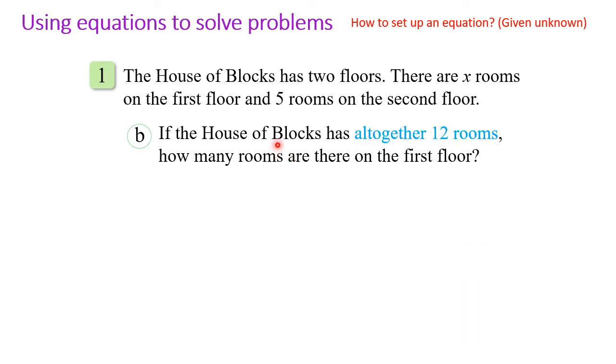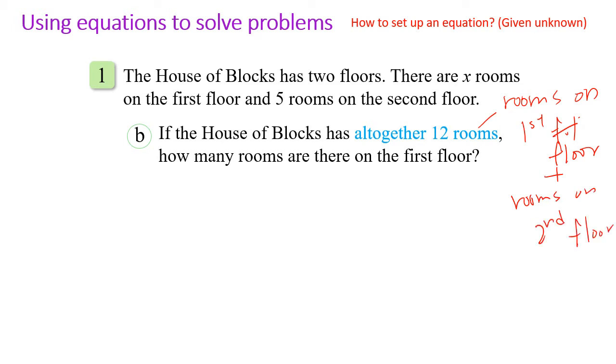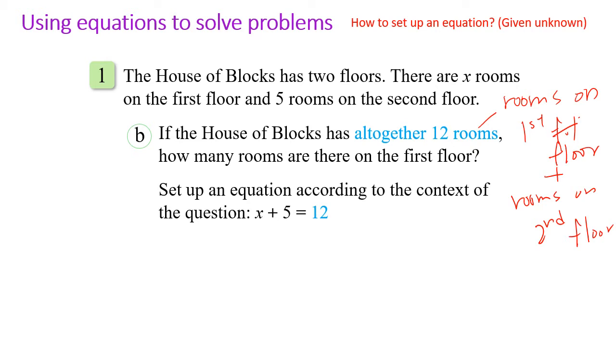And for question B, if it tells you that altogether, the rooms on the first floor and the rooms on the second floor add together will become 12 rooms.